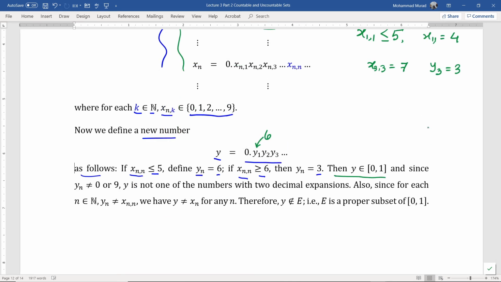Then y must be in the closed interval 0 to 1, because it has the decimal expansion 0 point some digits.